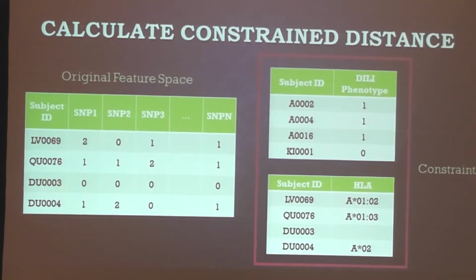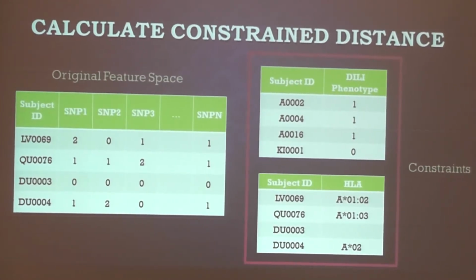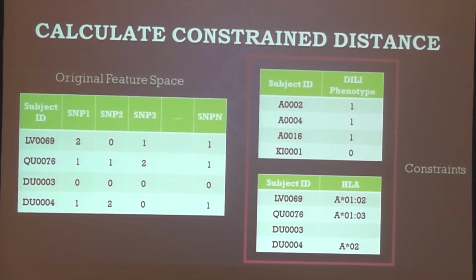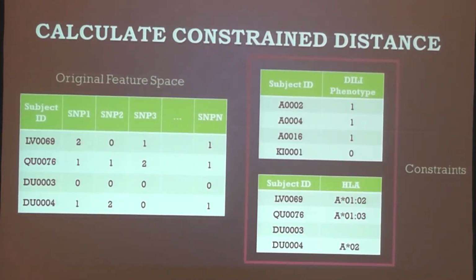The objective of this semi-supervised learning is that we want to cluster the patients according to the genotype, but with the least conflict in the phenotype, which means that we want to separate the patients into different subtypes according to the drug-induced liver injury phenotype. Great, thank you.